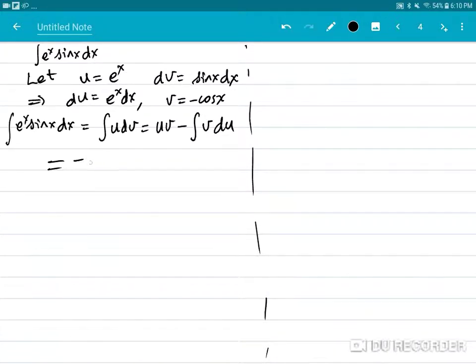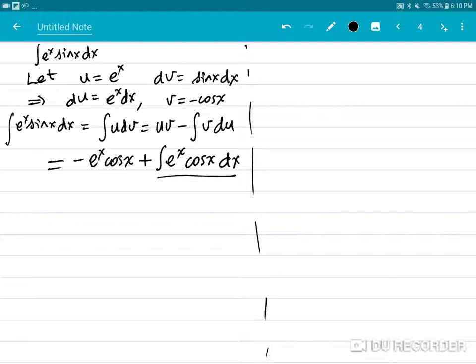That is minus e to the x cosine x minus the integral of v du. Okay? So v du, e to the x times cos x with a minus. The minus will make this plus. So I have e to the x cosine x dx. Now we have this expression to integrate.